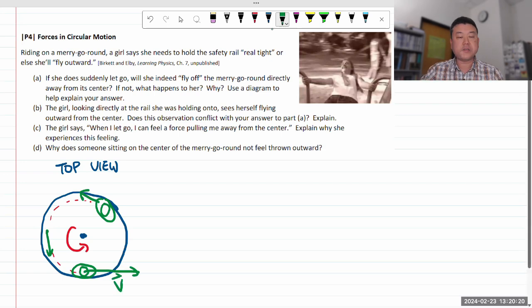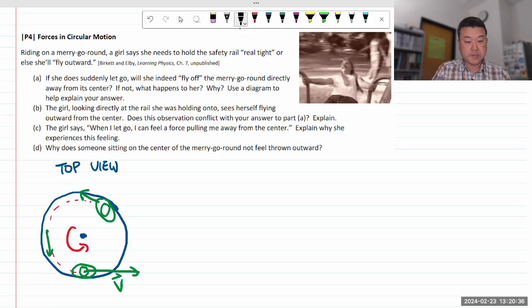So to the point that it's asking, if she does suddenly let go, will she indeed fly off the merry-go-round directly away from its center? Okay. So this is what it would look like if she was moving directly away from its center.